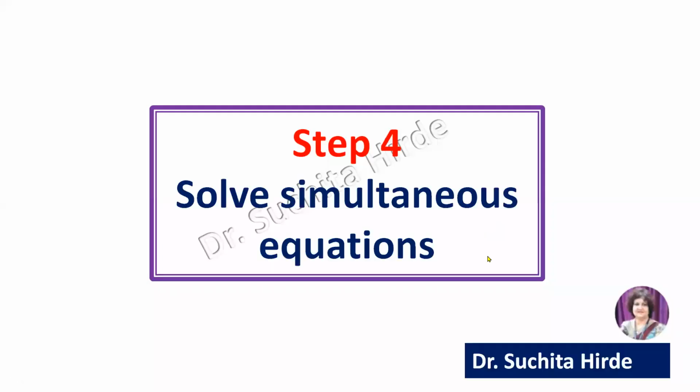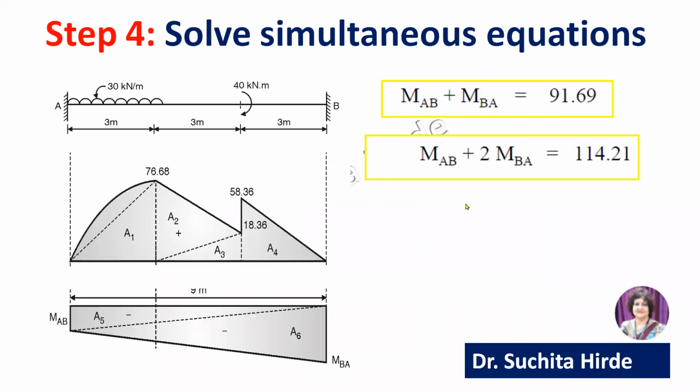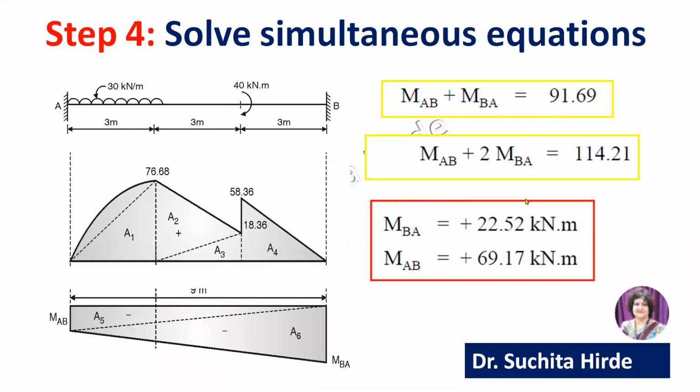So step number 4 is solve simultaneous equations. These are the equations we have derived. If you solve these equations, you will get MBA is equal to 22.52 kilonewton meter and MAB as 69.17 kilonewton meter.